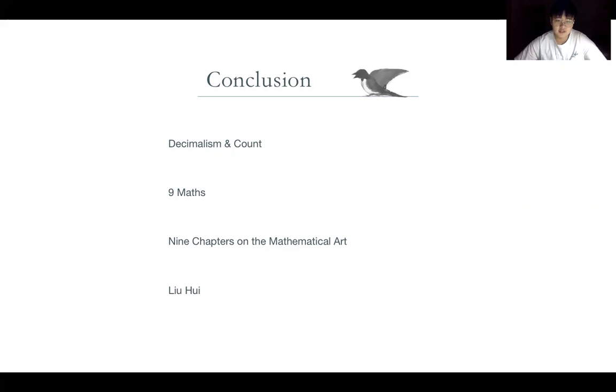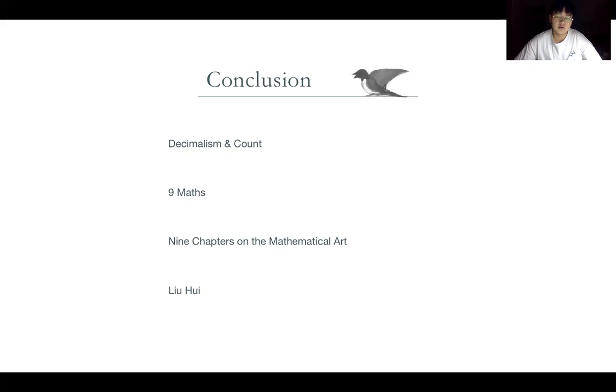From those nine branches, mathematicians wrote the book Nine Chapters on the Mathematical Art, which is really good, and people still use it and research it today.